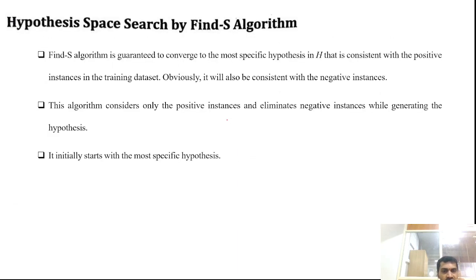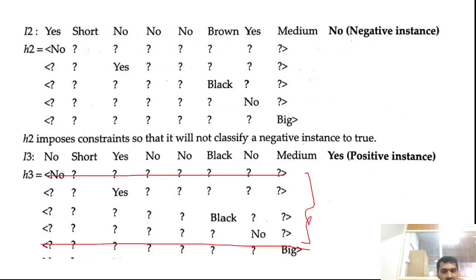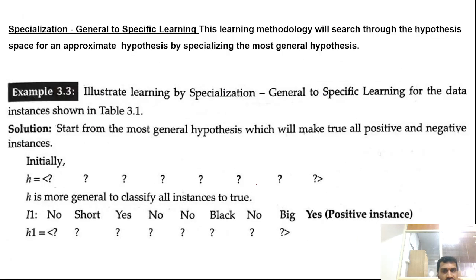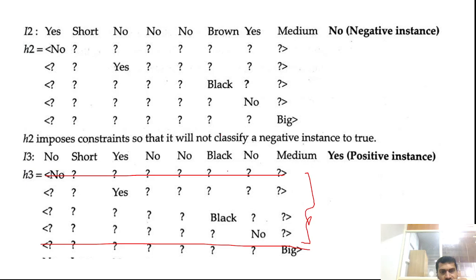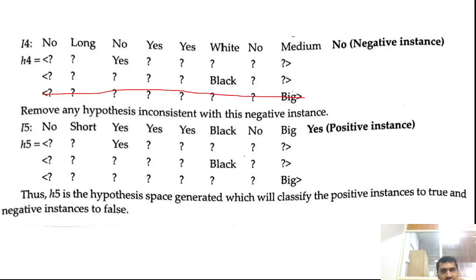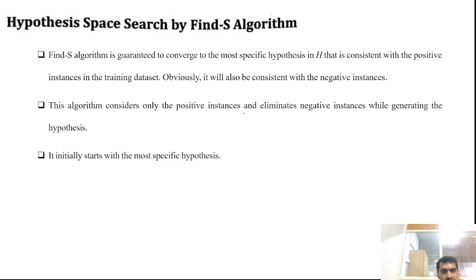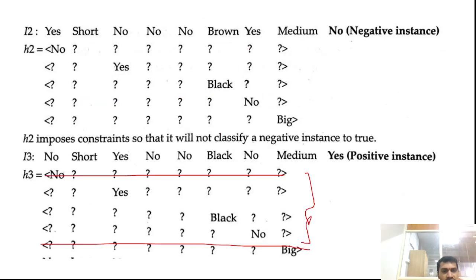The next one is nothing but no. Which is written as no over here, and that is matching with our negative instance. Here it is no. So I cannot consider that. So I will remove this instance also.